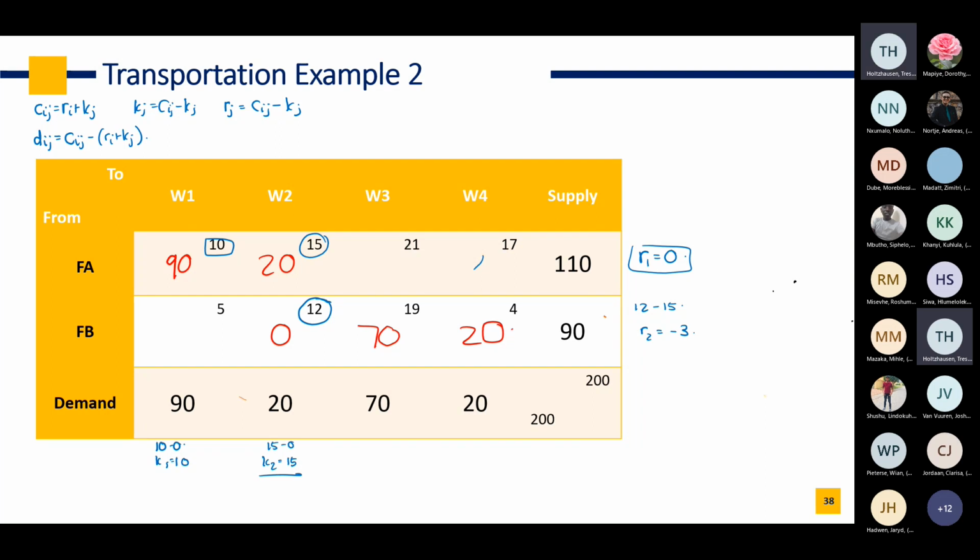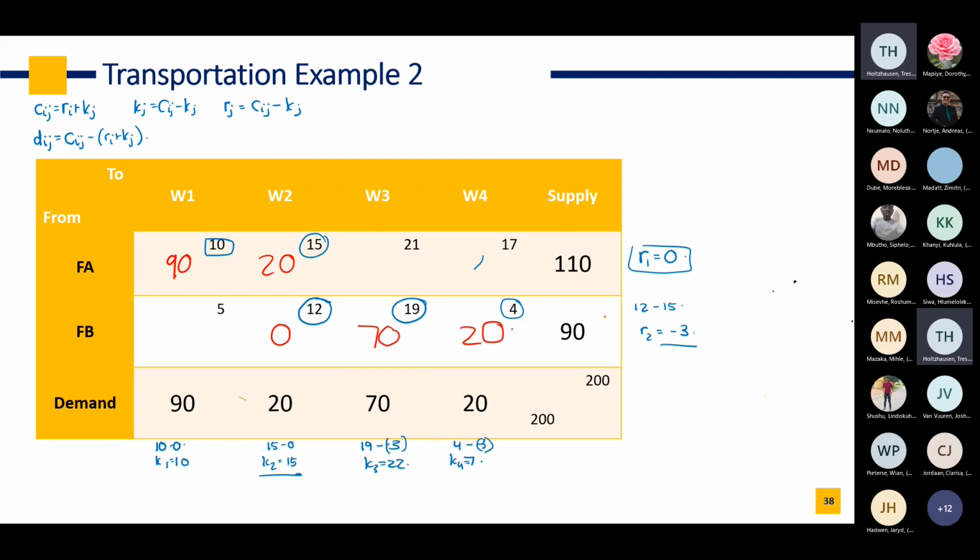Then we move on and we solve the rest. So we're going to have 19 minus 3. That's going to give us 22. Yes, 22. Then we're going to look at 4 minus 3. And that's going to give us 7. So we have the fourth one is 7.